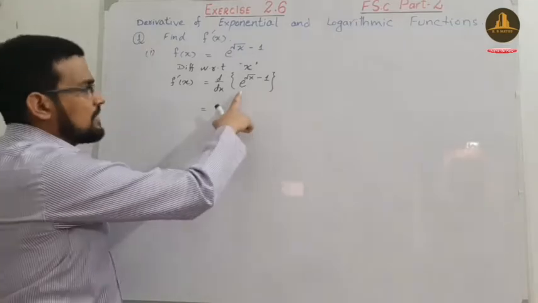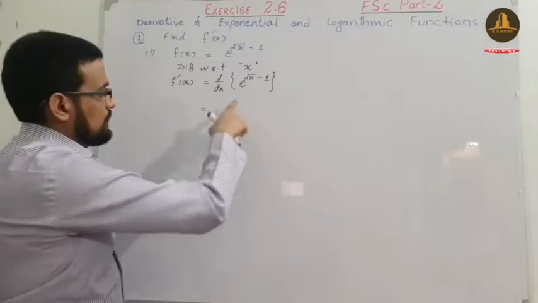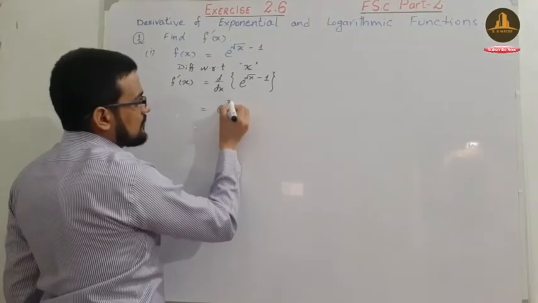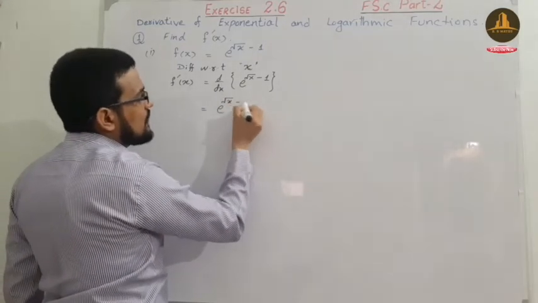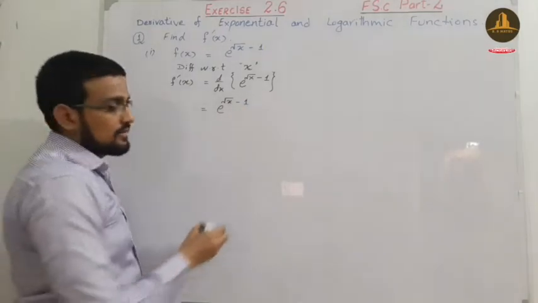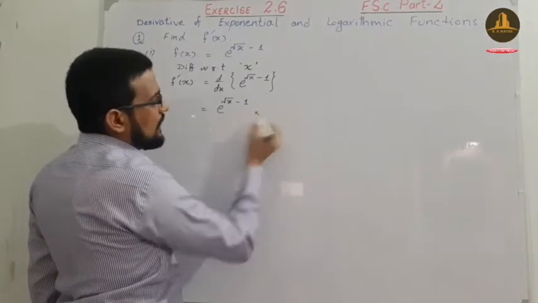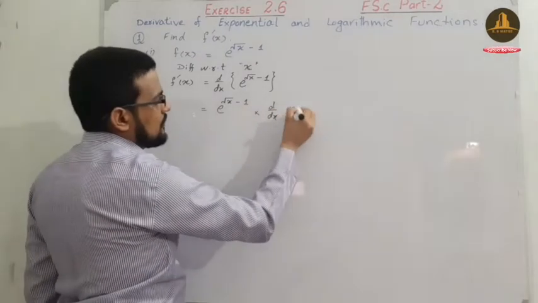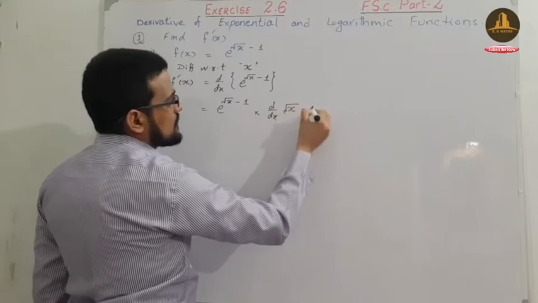Here student, e is exponential, so the derivative of exponential is e raised to power square root x minus 1 as it is, then multiply with the derivative of the function square root x minus 1.